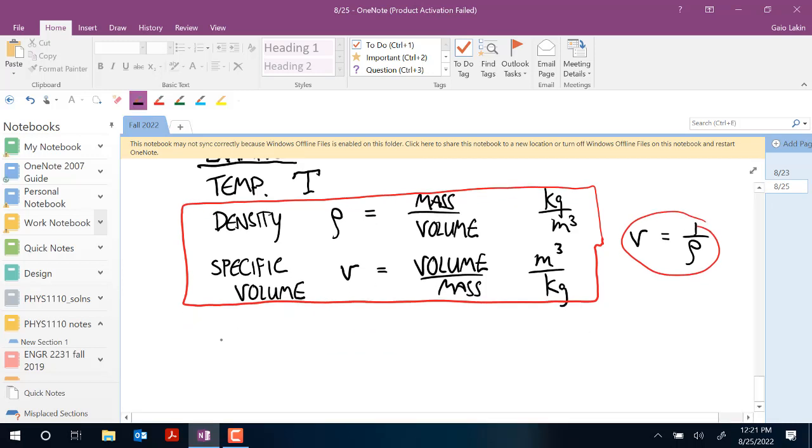Another one is pressure. We're going to use lowercase p for that. That is equal to the force per area.